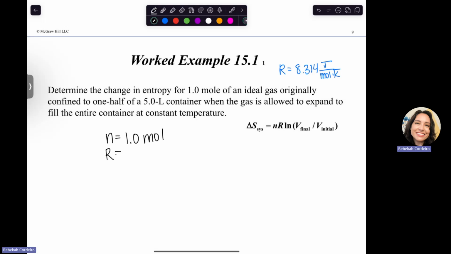Our R is 8.314 joules over mole Kelvin. Our final volume was 5 liters. Our initial volume, it says it was originally confined to 1/2 of the container, so half of 5 is 2.5. We have a constant temperature, so temperature is not involved in this formula.